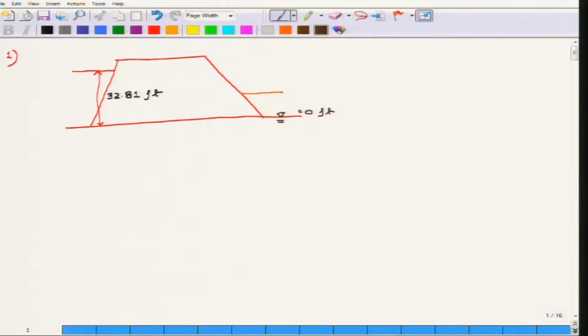So basically now you are not given the phreatic line, and you have to draw the phreatic line through this earth dam. The other dimensions are given as: the top of the dam is given as 13.12 feet, and this height is given as 6.56 feet. The permeability of the earth dam or the soil is given as 7.874 into 10 to the power minus 5 inch per second.